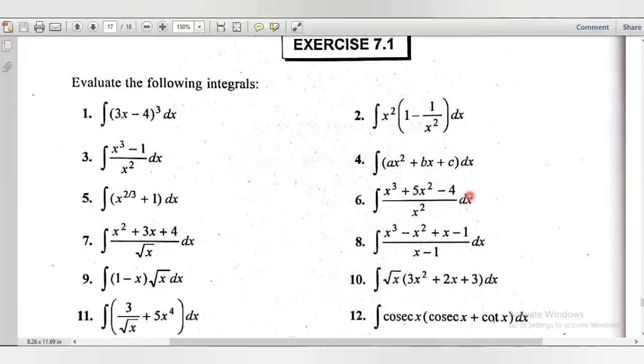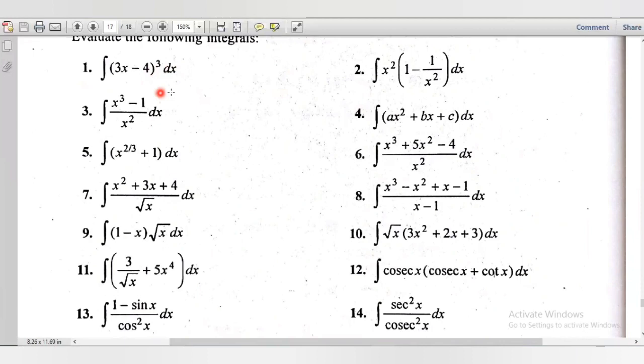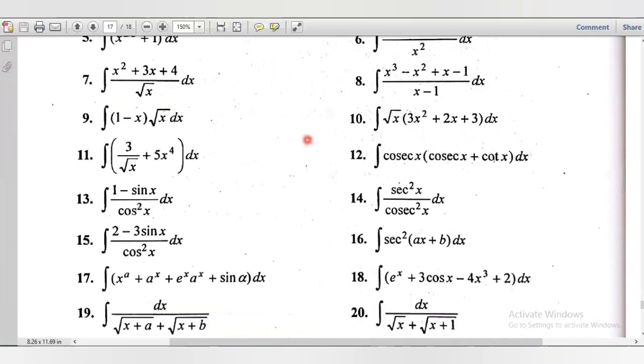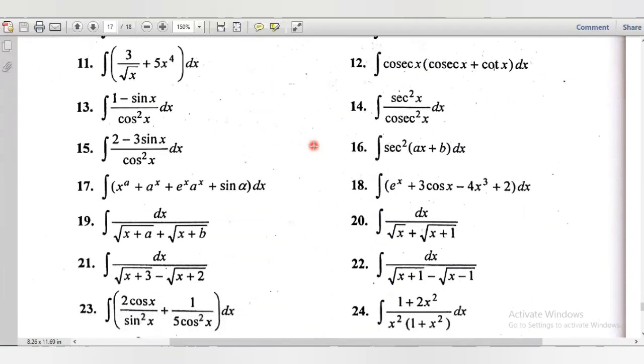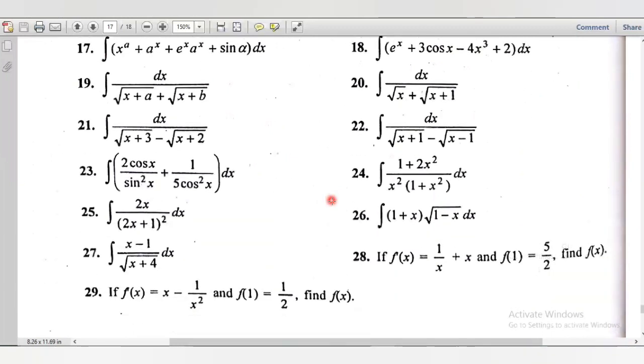Here are some examples. Evaluate the following integrals. Here are questions for practice. After doing all these examples, please try to do these questions. These are very nice, similar type of questions. If you get a problem anywhere, you can tell me. These are very interesting questions.